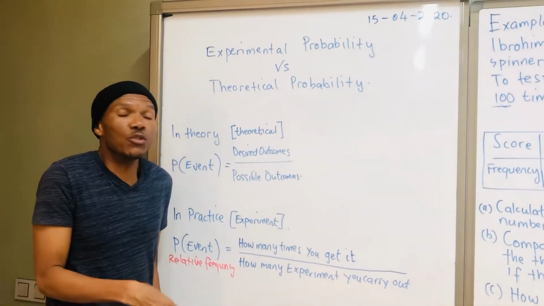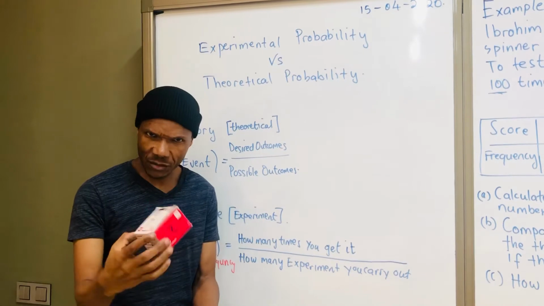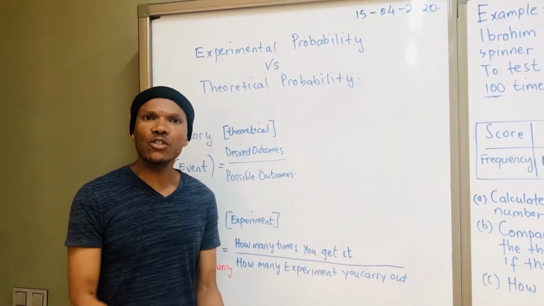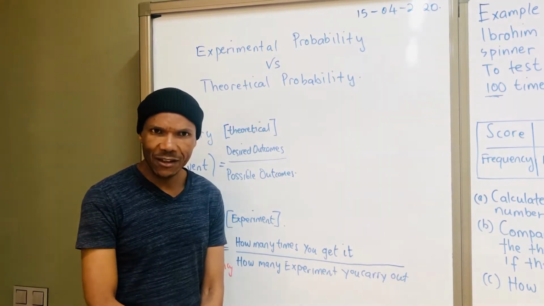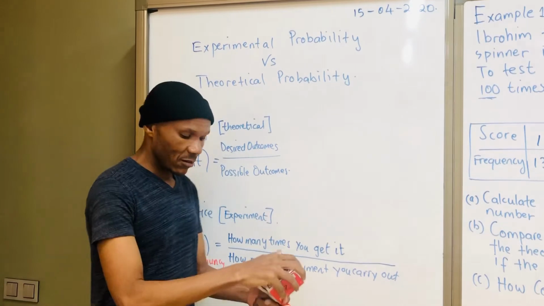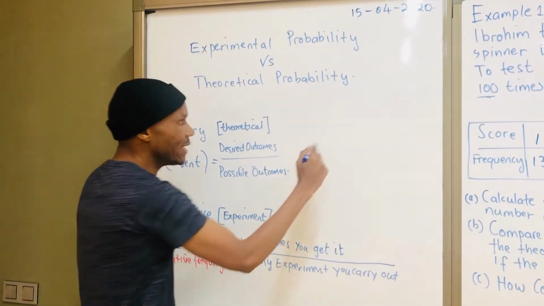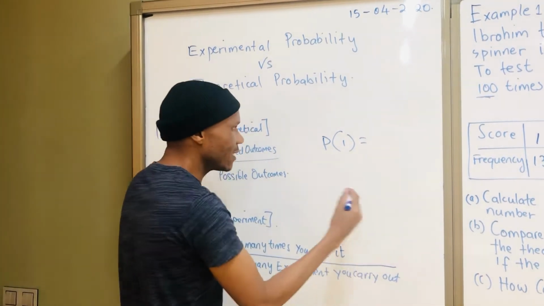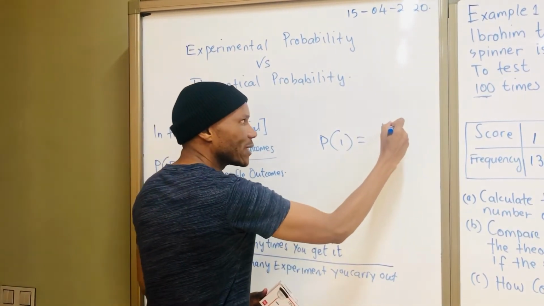So if you have your dice, suppose this is a dice, right? It has 6 sides, and I can ask you, what is the probability of getting a 1? You don't need to go and make an experiment, but you can just tell me what the probability is. So you can say the probability of getting a 1 when you throw a dice is 1. Remember what that 1 was?